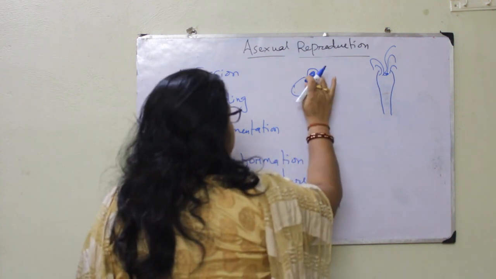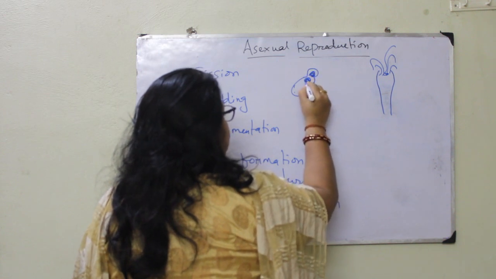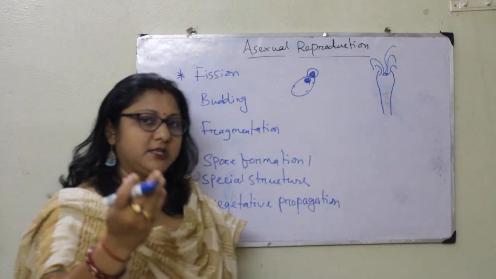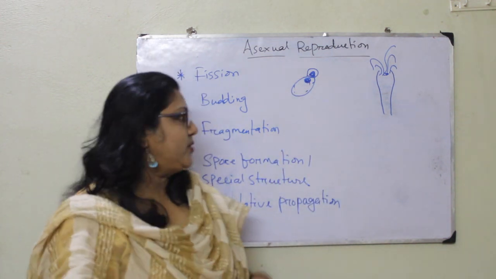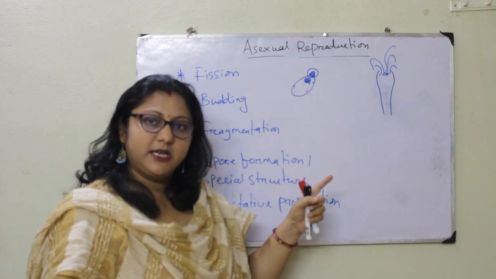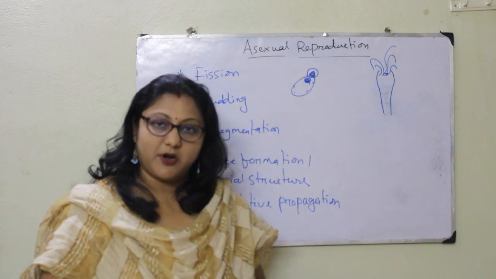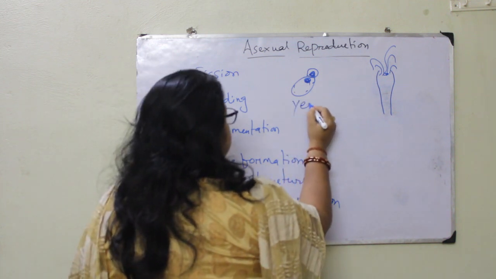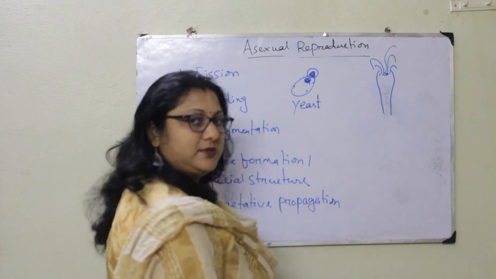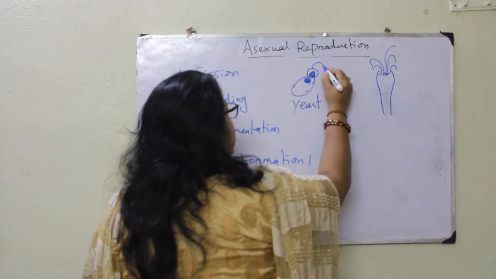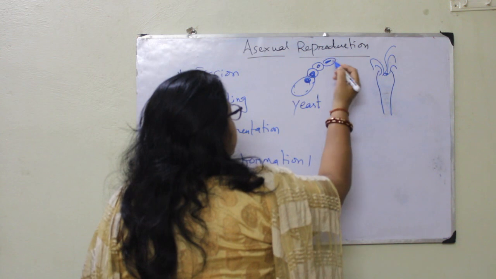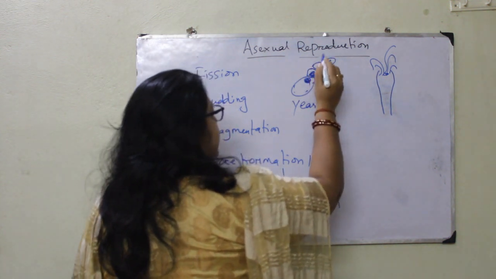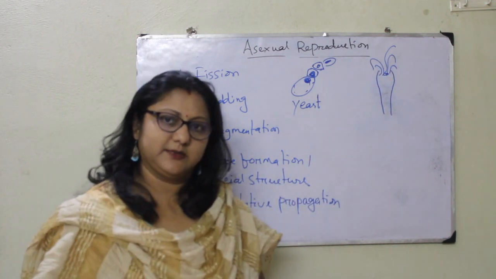Later the two nuclei completely separate and a wall is formed between the parent and the daughter bud. It is not the exact size of the parent. That is why it is considered a process of budding in the yeast. Later many buds can be produced and they may break from the parent and live as separate organisms. Okay?